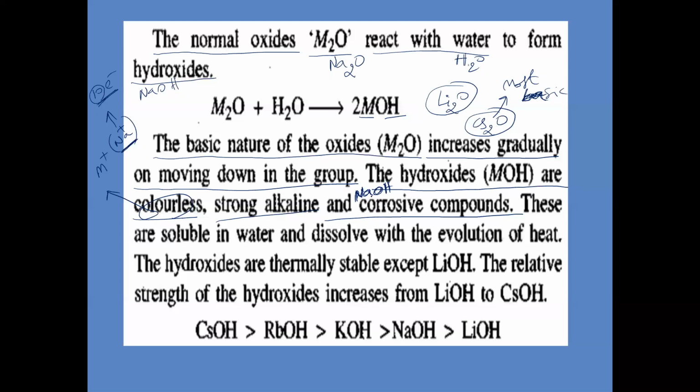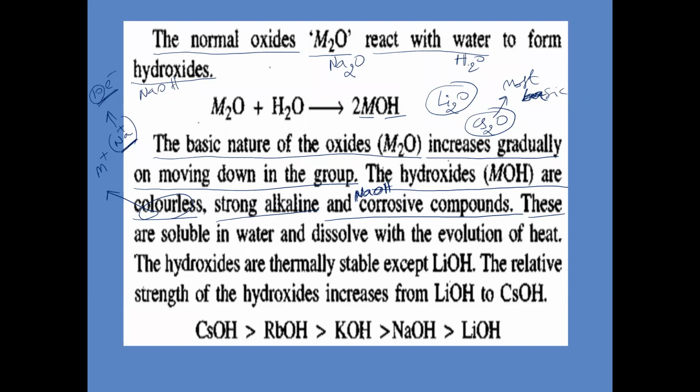That's why we should not use NaOH. A strong base should not be used as an antacid. Antacid will neutralize the excess acid in the stomach. So NaOH cannot be used as an antacid, because it is corrosive. NaOH is a corrosive compound.